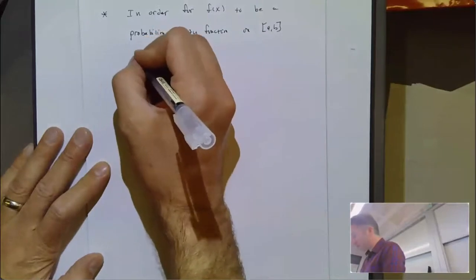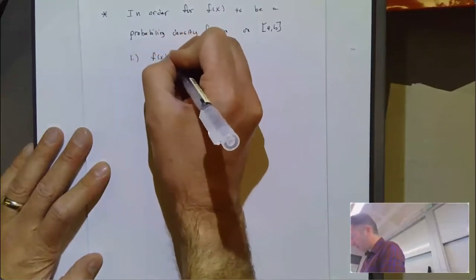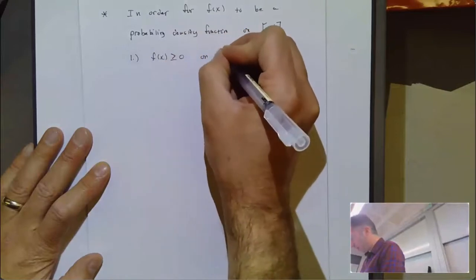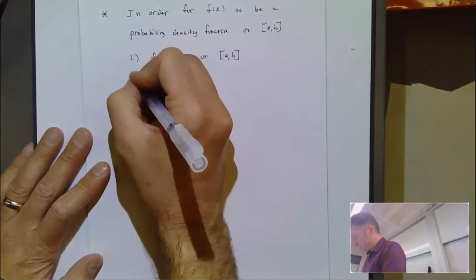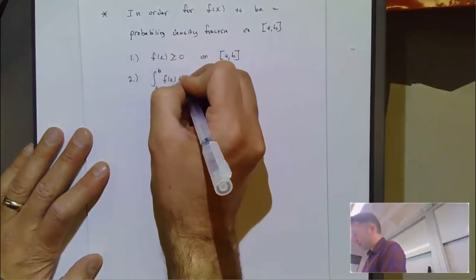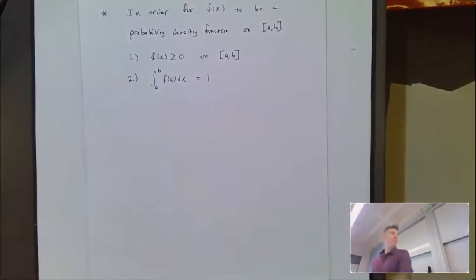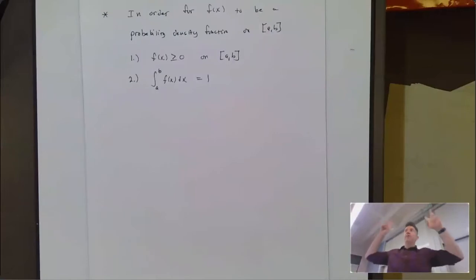Thing one, f of x needs to be greater than or equal to 0 on the interval from a to b. And thing two, the integral from a to b of f of x must equal 1. Just like the discrete probabilities, right? All the probabilities have to be non-negative and they have to add up to 1. It's just here the adding up is finding the area under the curve.